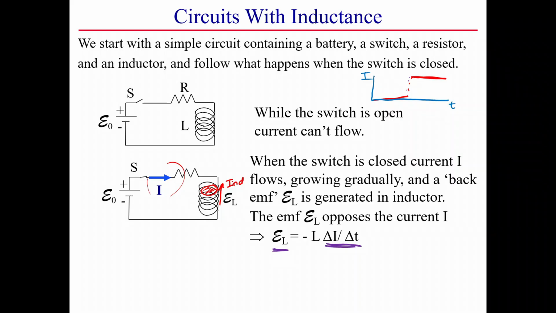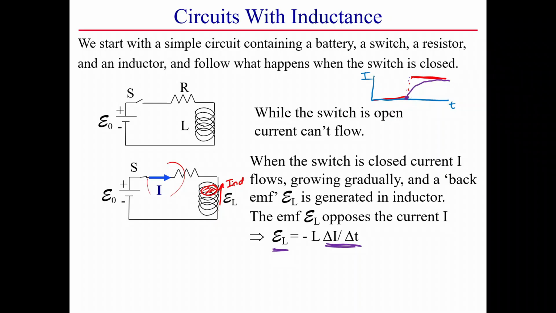So you get this back EMF that completely blocks the current at the time that the switch is closed. So at the time the switch is closed, instead of jumping up, my current stays 0. But over time, the change in current flattens out, so the slope of this graph gets closer and closer to 0.